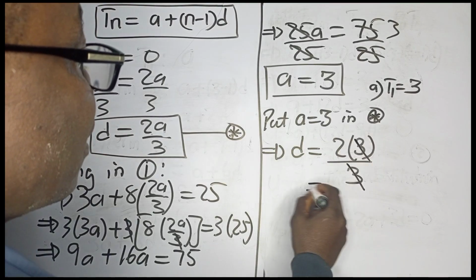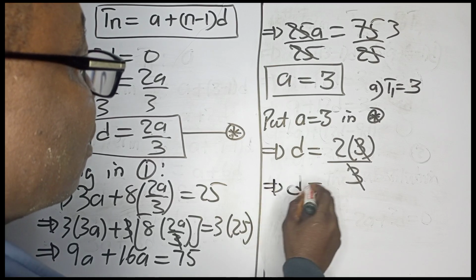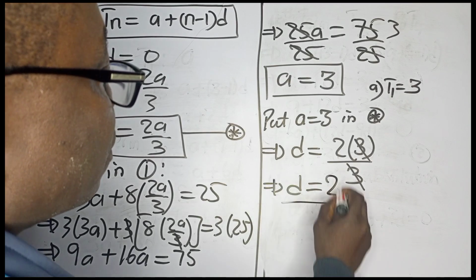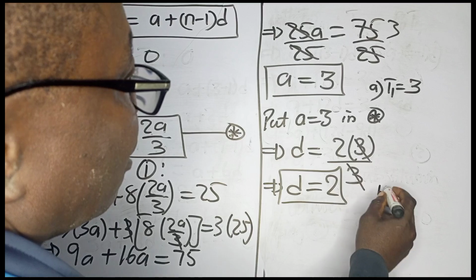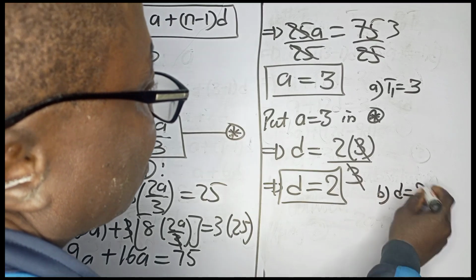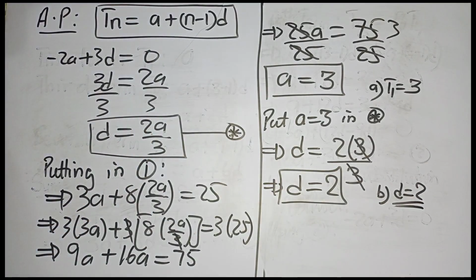See, 3 cancels there. So it means common difference is 2. This answers our second part of the question. That does it for the first part of this question.